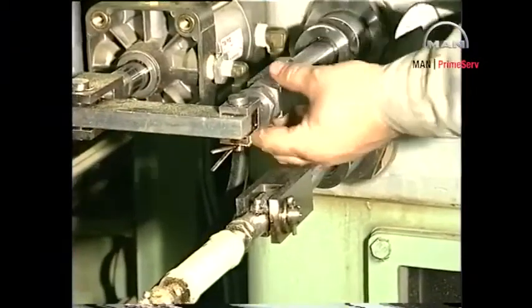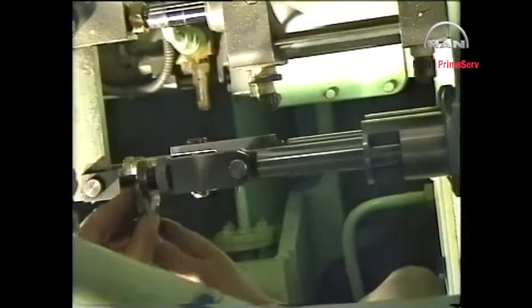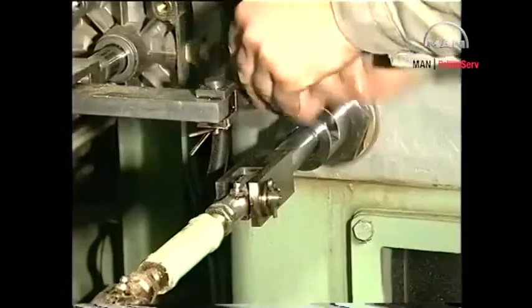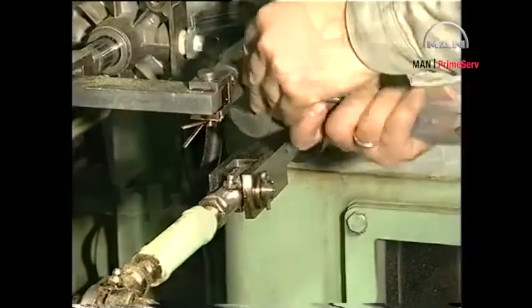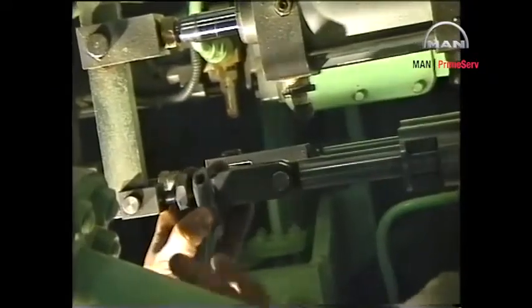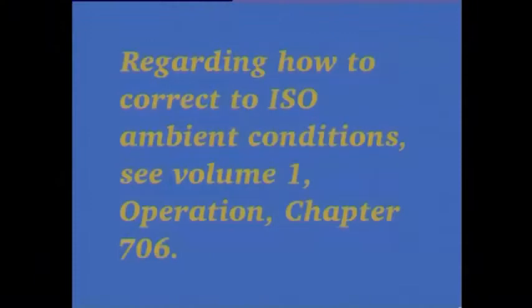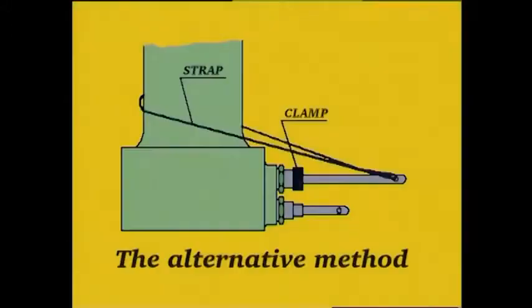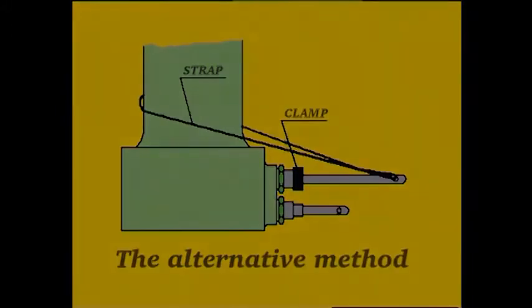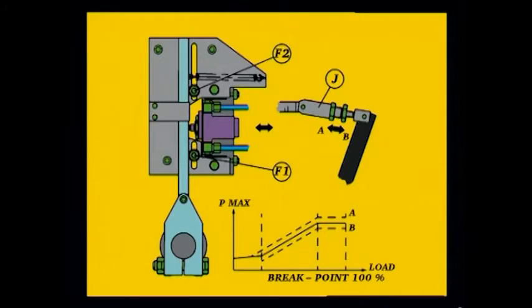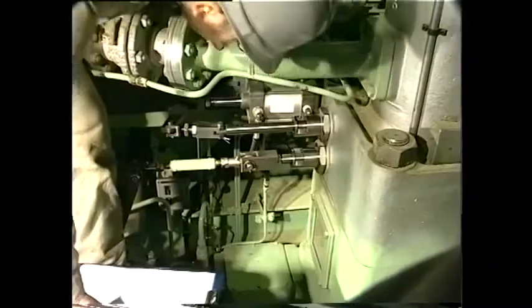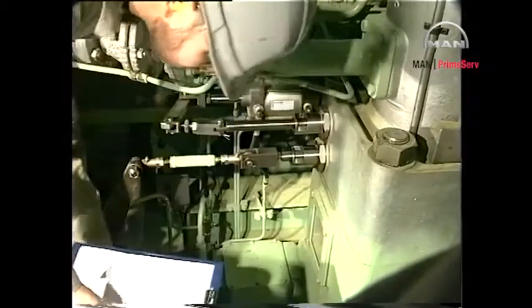Adjust the links or disconnect and lock the VIT racks so that the maximum combustion pressures, corrected to ISO ambient conditions, are uniform and have the required values. Note down the fuel pump indexes and VIT indexes.